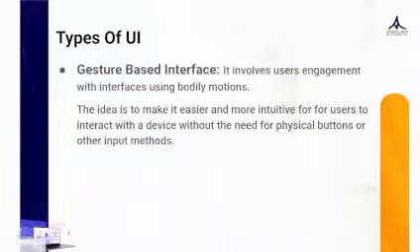Then the last one is the gesture based interface. It involves users' engagement with interfaces using bodily motions. There are some AI platforms like that. I don't really have a typical example for that, but you don't interact with your hand, you don't touch, and it does not use voice.